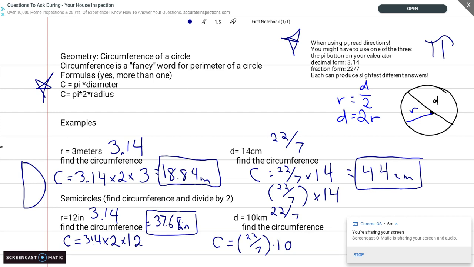I get 31.42857143, and so on. You are then going to divide this answer by 2 to get your circumference of 15.71 kilometers. I rounded to the hundredths place. It's pretty common that you're going to be rounding to the hundredths place in these types of problems.